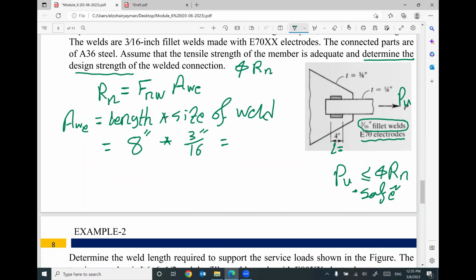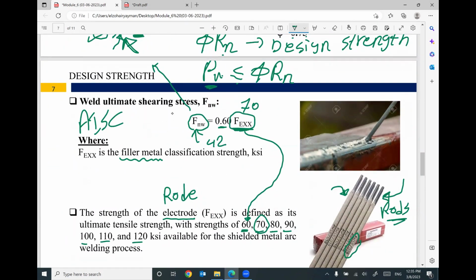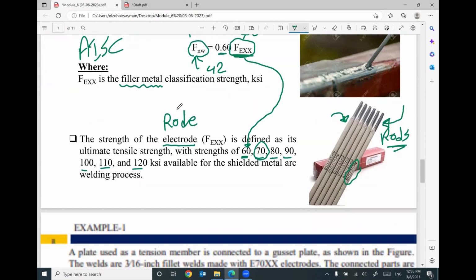Then I can figure out the area of weld effective: 8 times 3/16 equals 1.5 inch square. Fnw equals 0.6 FEXX. Can you go back here? Fnw equals 0.6 FEXX.